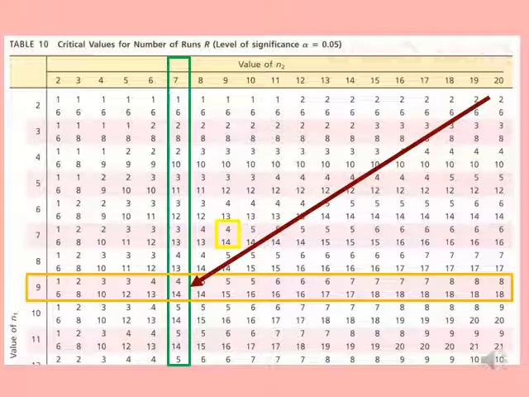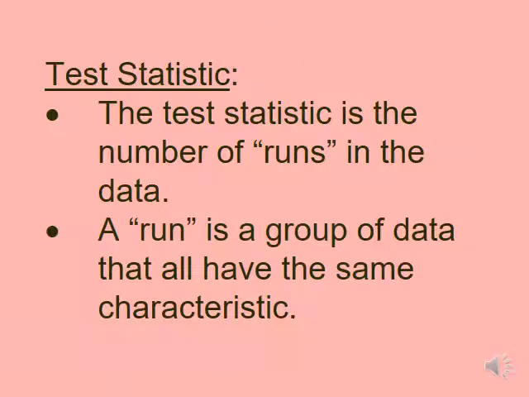If it's bigger than 14 or less than 4, we don't. It doesn't matter which number you find at the top and which one you find at the side. I could have done 7 at the side and 9 at the top, and you notice I've got a square around another 4 and 14, because you get the same answer no matter which way you go.